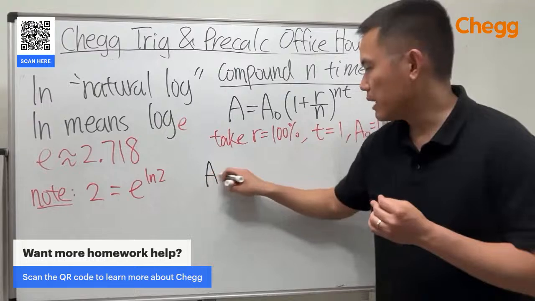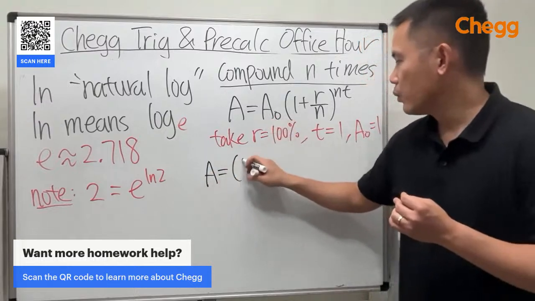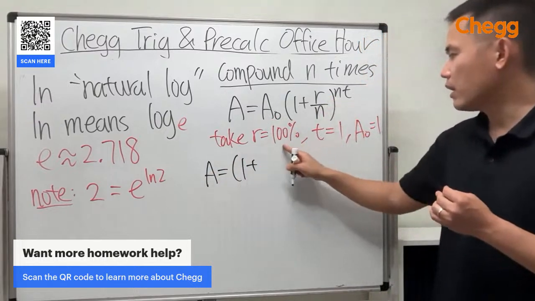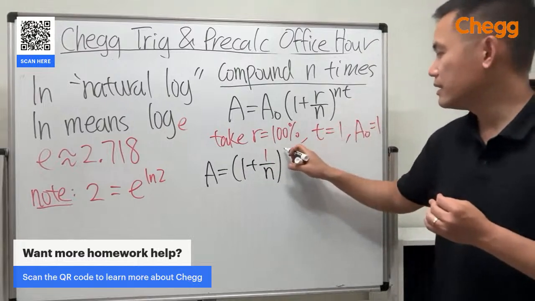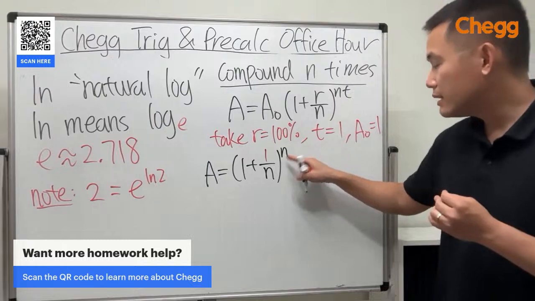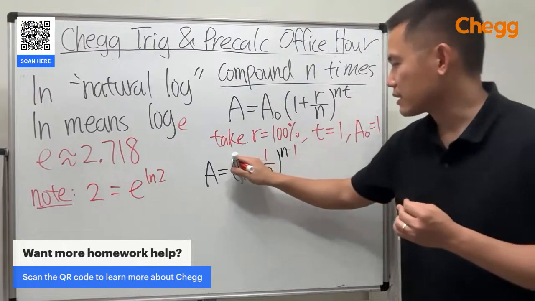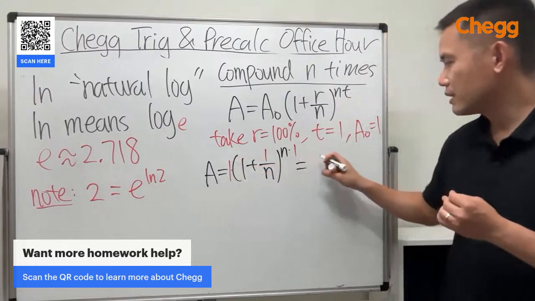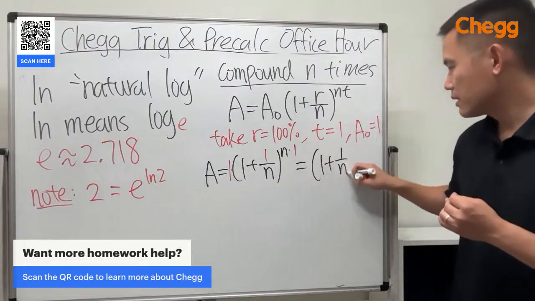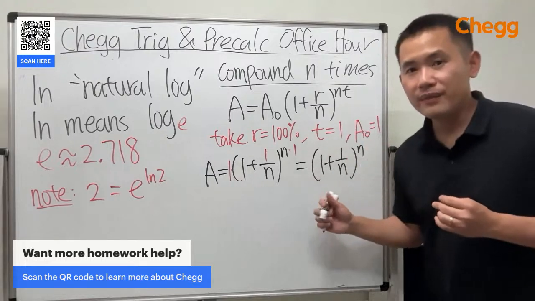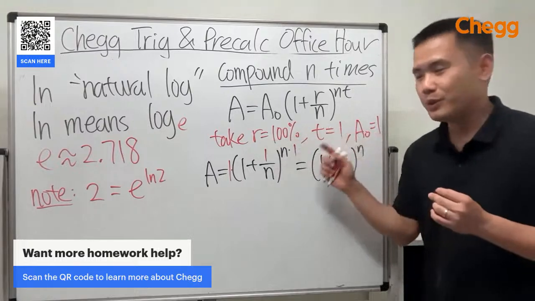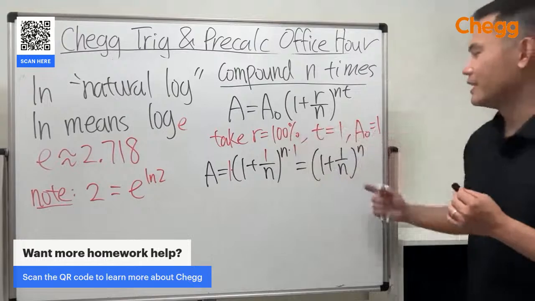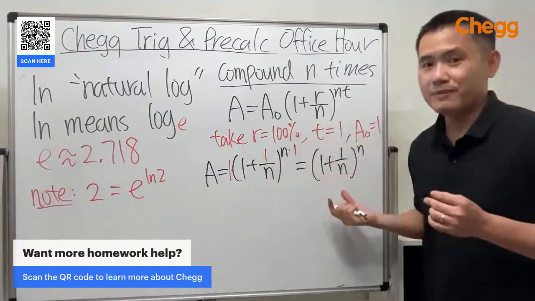Then the amount is just 1 plus another 1 for the r, and then n is n, and then t is 1. So it's like this, which is just this portion. Agree? This is the compound interest formula if you consider nice numbers. Usually these parameters, okay, this is the real deal right here.